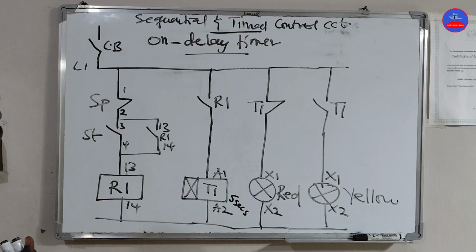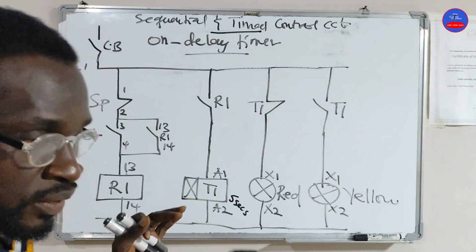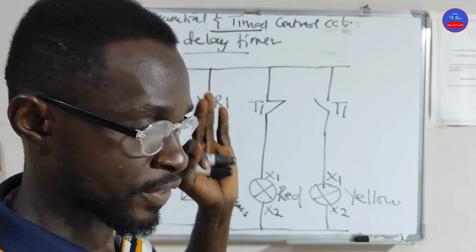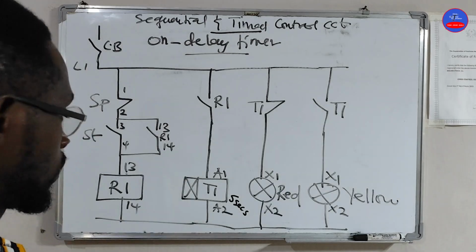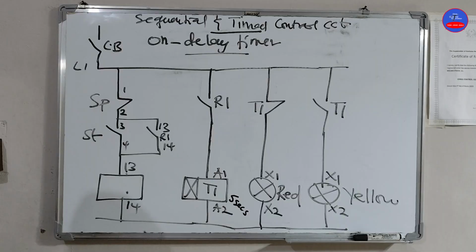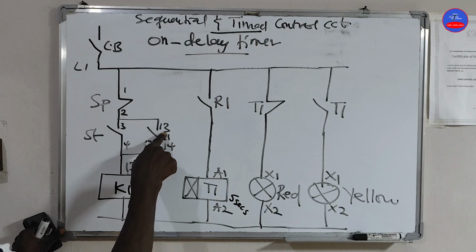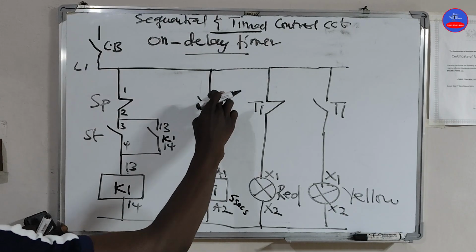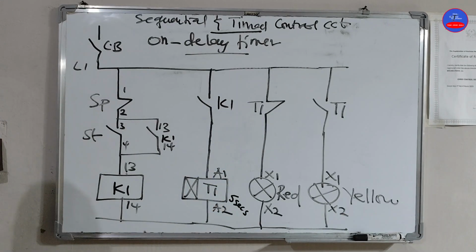Okay, so we are going to create a sequential circuit using an on-delay timer. Let's say we are going to operate 2 motors, but motor 1 should come on first. After some time, motor 2 should also come on. So what are we going to do now? We just make this side K1, and then we clean here to also make it K1.